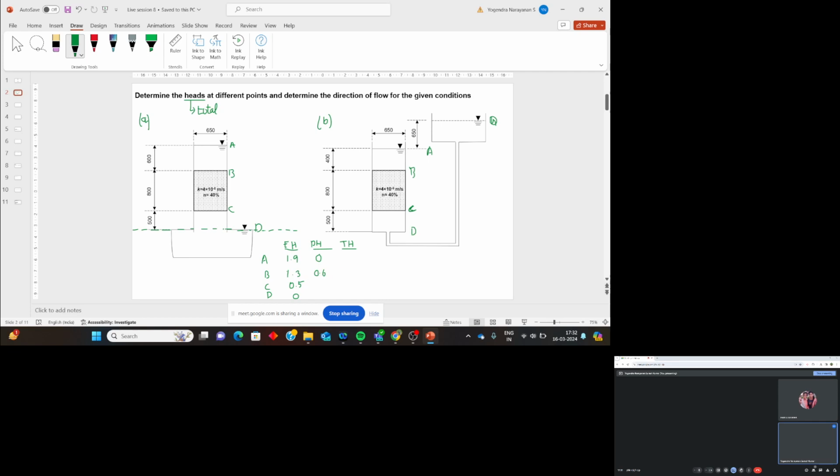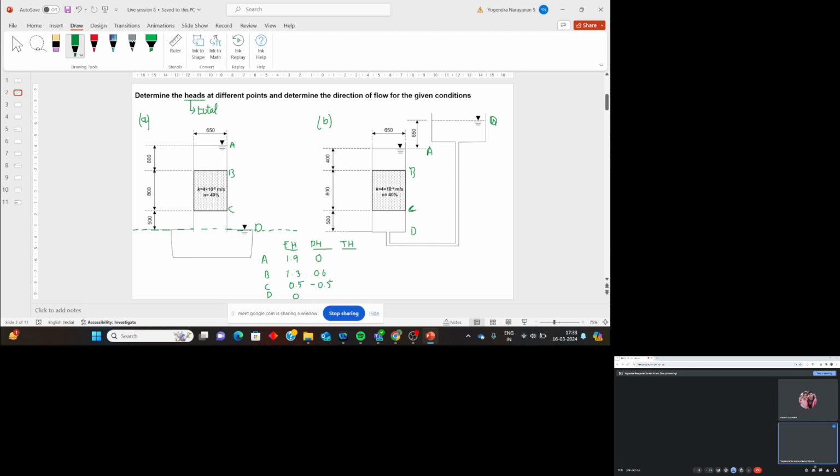No, see 0.5. At C the pressure head will be 0.5. It will be plus or minus? Minus. Minus 0.5. Why?